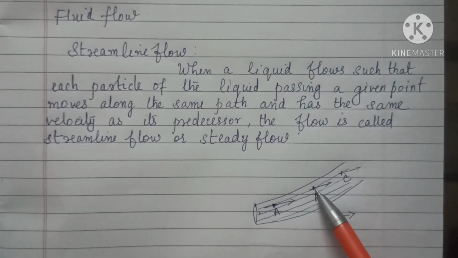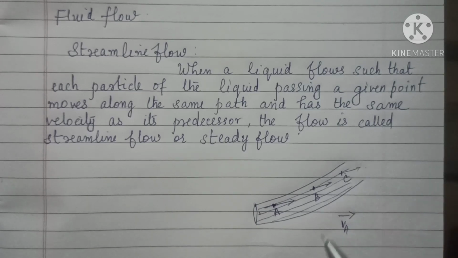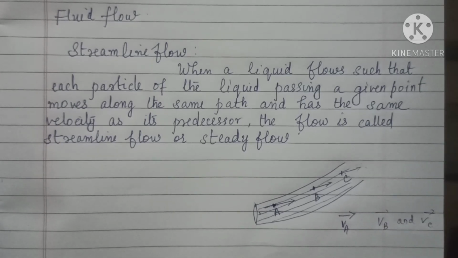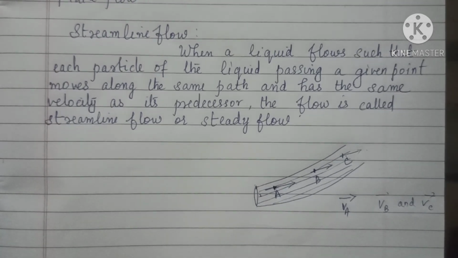Again at the point B, the tangent will give the direction at this point as well as at C also. So VA, VB and VC are the directions of velocity. How can you find the direction of velocity? At each point I can draw a tangent and then find the direction of velocity.